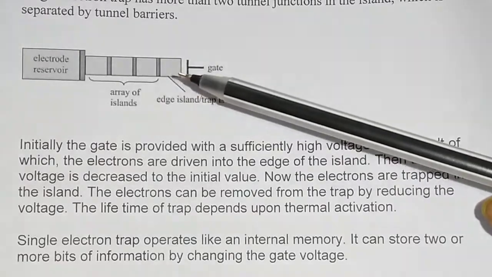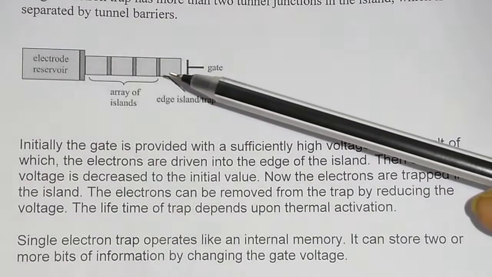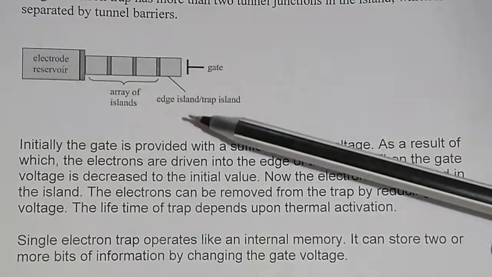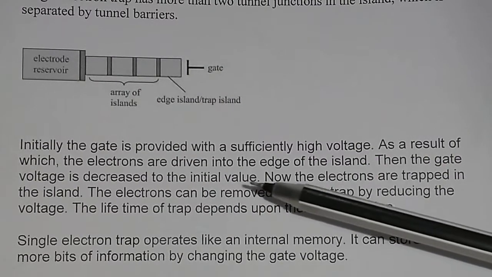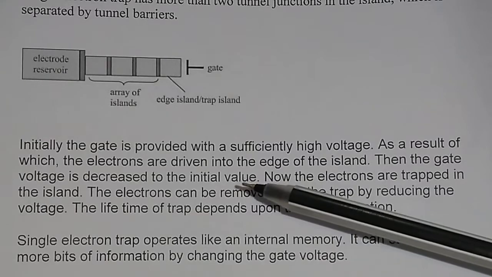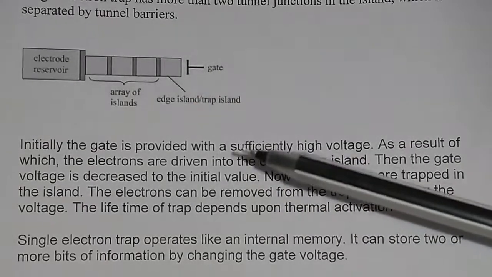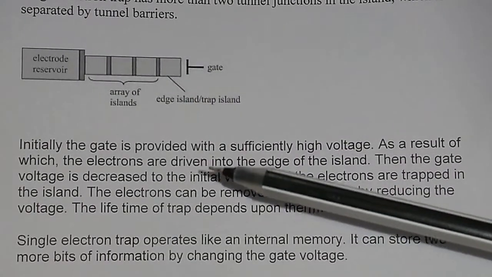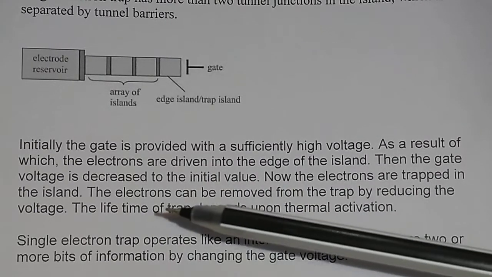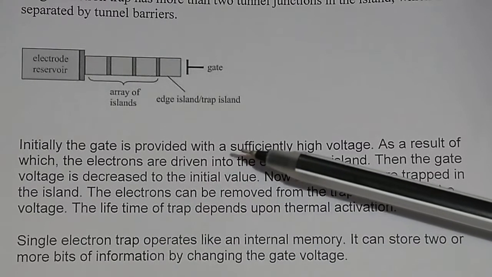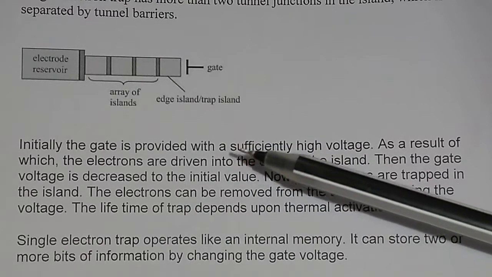If you decrease the gate voltage, the electron will be trapped in this island, and the electrons can be removed from this trap. When it is trapped, it is called electron trap, and that is why it is called an electron trap device. And the electrons can be removed from the trap by reducing the voltage. This is the basic principle or physics behind single electron trap.